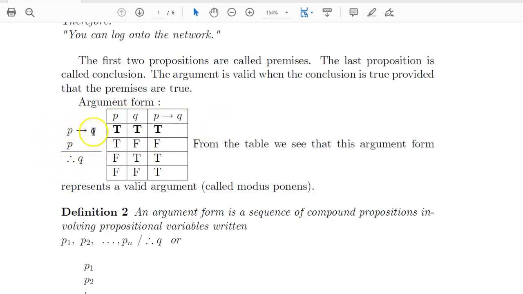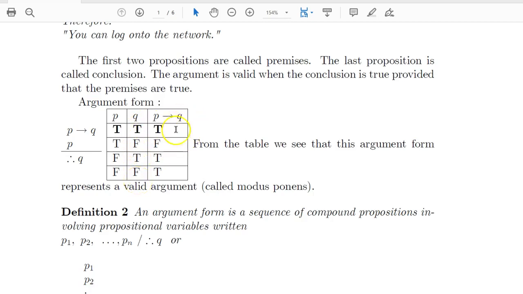If you look at the form, there are two propositional variables only, P and Q. So we construct a table with a column for P, a column for Q. In these two columns, we put all possible combinations of truth values for P and Q in standard form. TT, FF for P, TF, TF for Q.